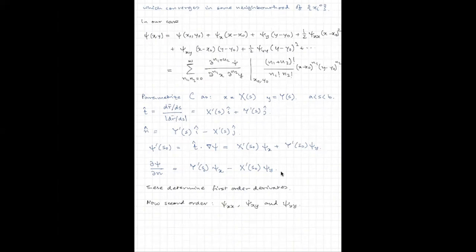Okay. And what we saw is that once we are given these boundary conditions, we can actually find out all of these psi x, psi y, and any arbitrary derivatives of psi.